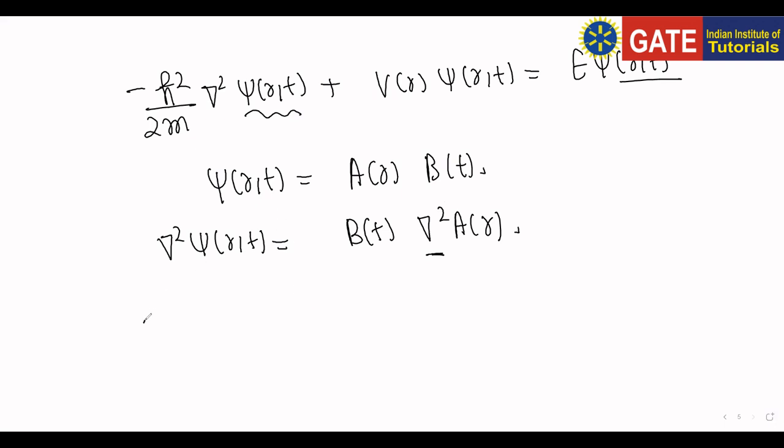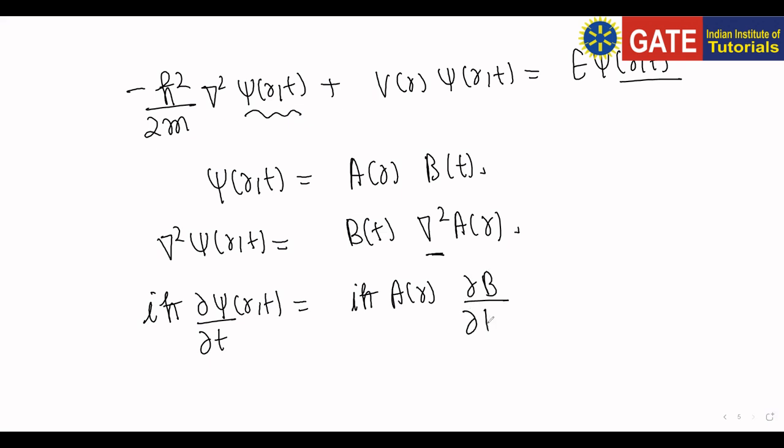And i h cross del psi upon del t, of r and t, will be equal to i h cross A of r del b upon del t. Psi is some function of r times some function of t. A will come out and won't get differentiated, because it is a function of space and can't get partially differentiated by time.